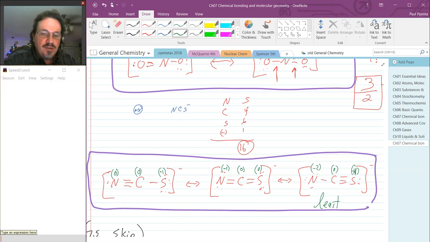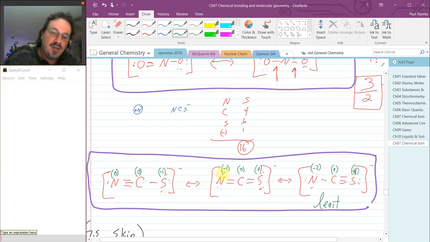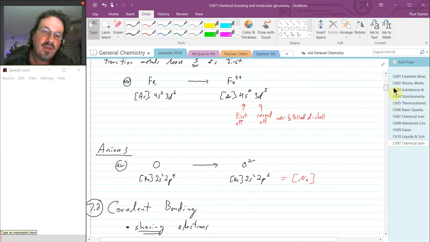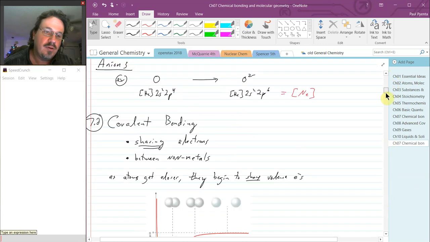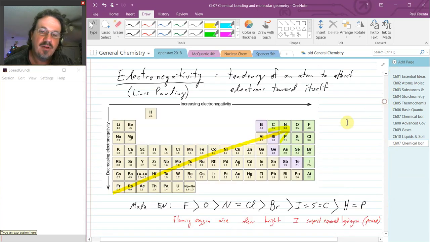Now the other two have 0, 0, and a -1. It's just, where do I put the -1? Right? Which one does it go on? Well, let's see. The nitrogen has a -1 in this case. The sulfur has a -1 in this case. Let's go check our electronegativities, which I think is on that chart all the way up. There it is.